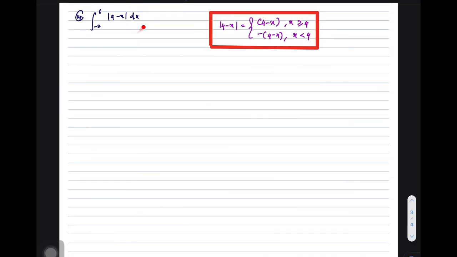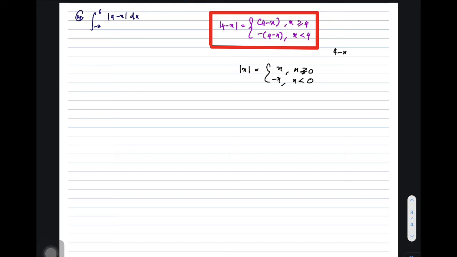Okay, look at question 14. So how to solve this question? We have the modulus of 4 minus x. It is the same as what we have discussed just now. Every time we have modulus of x, it is equivalent to x when your x is larger than or equal to 0, and equivalent to negative x when your x is less than 0. So now your x is 4 minus x. How do I get the value of 4?